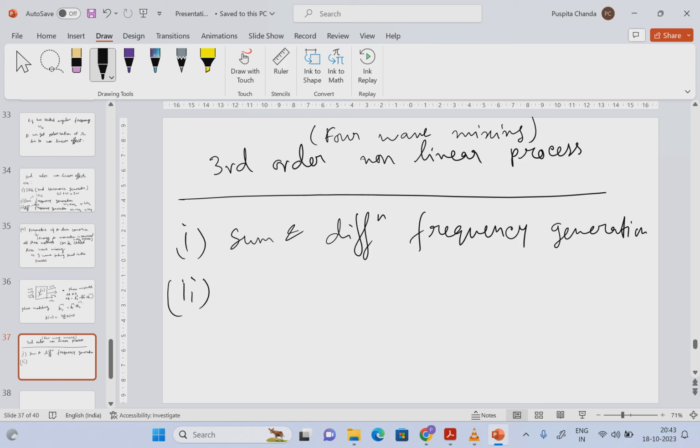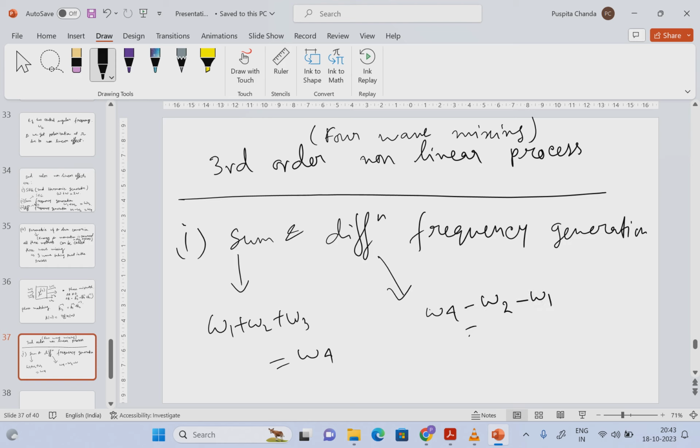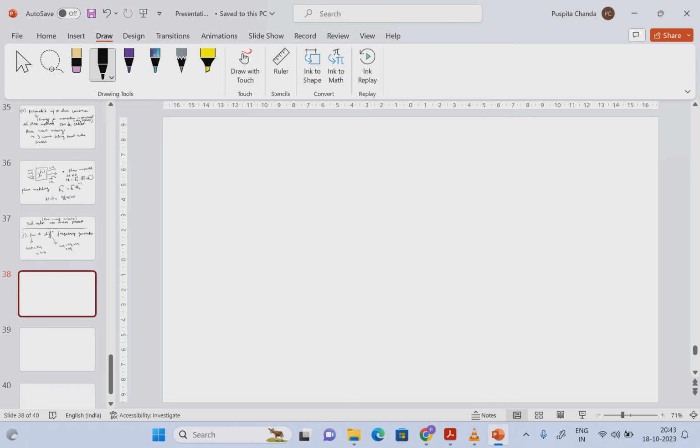because what happened here, sum frequency generation omega 1 plus omega 2 plus omega 3 lead to omega 4, or here difference frequency generation like omega 4 minus omega 2 minus omega 1 will get you omega 3.